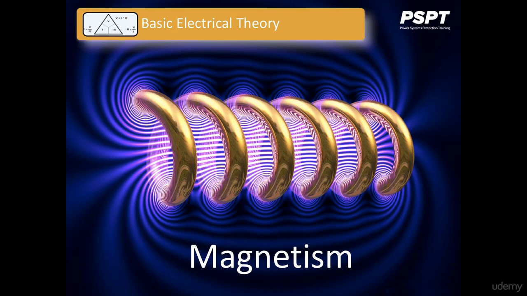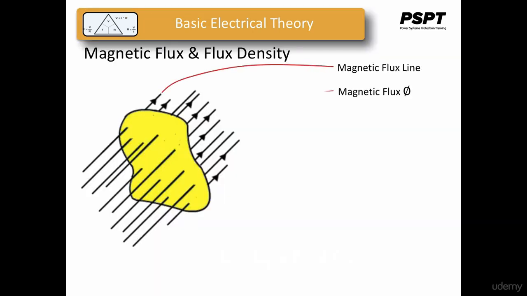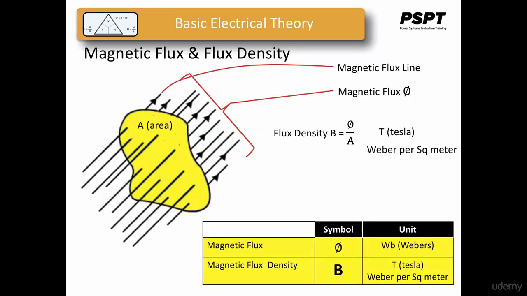After our discussion and analysis of capacitors, we move on to magnetism. In the study of magnetism, we define such things as magnetic flux lines, flux density, and what the SI units are to describe these entities in magnetism.